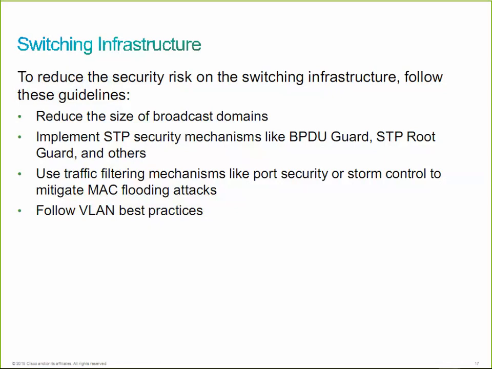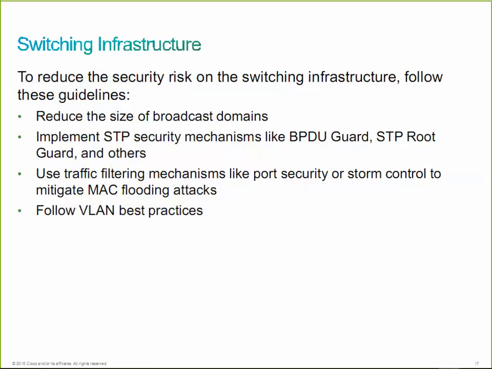So there are some VLAN best practices, right? Make sure that you disable DTP by doing switchport nonegotiate or switchport mode access. Make sure you disable VTP by running your switches in transparent mode.